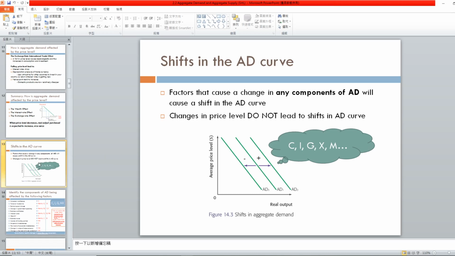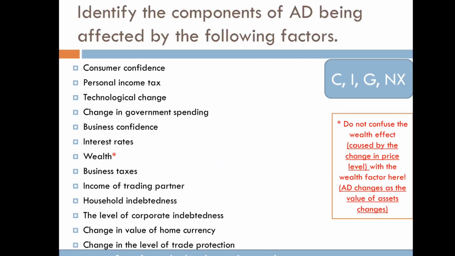And last week we were up to here. You guys were very good, finishing all the items here. Basically, they are all the items that will affect the components of AD, which are C, I, G, and NX.